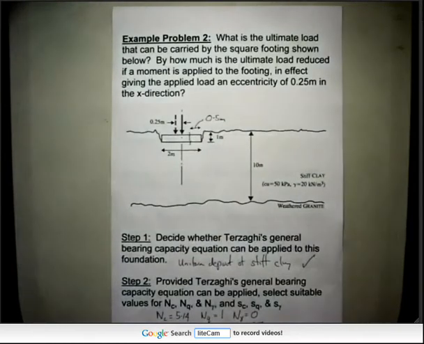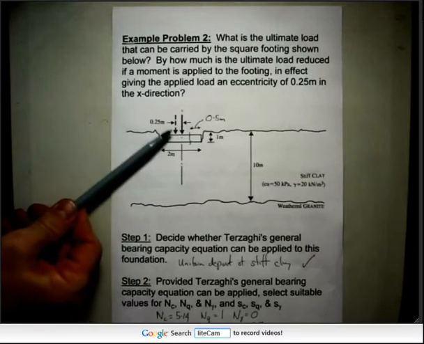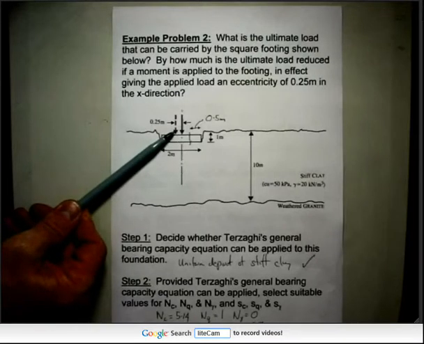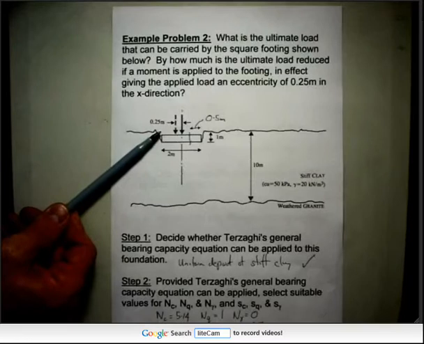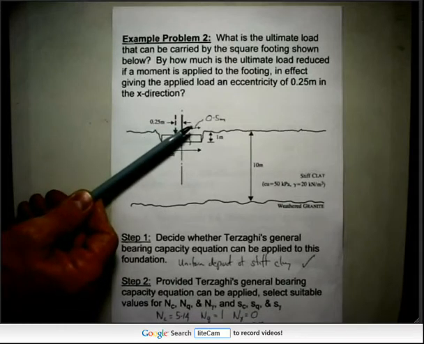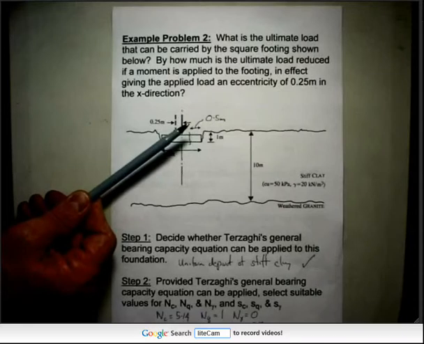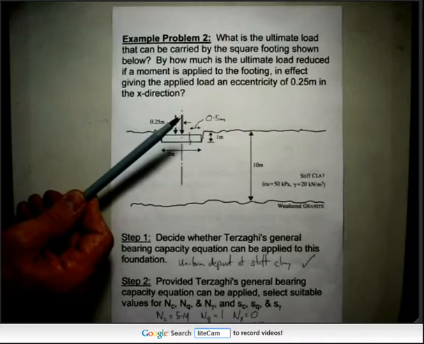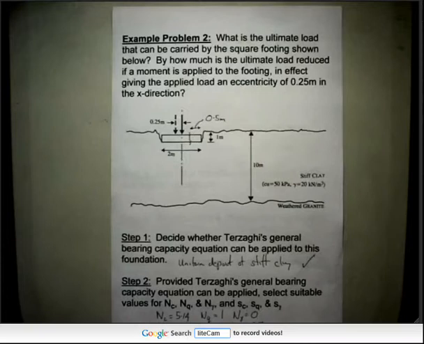And that makes it a symmetric problem again. Yes, so we're moving the load over by 0.25. So now, if you think about it, that distance there, instead of being 1 metre, is now 0.75 metres, isn't it? So the same amount added to the other side, 0.75, makes the overall width 1.5 metres. So in other words, you cut off a piece twice as wide as you've moved the load, because you're trying to make the problem symmetric again, aren't you?